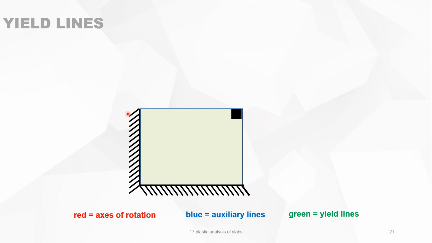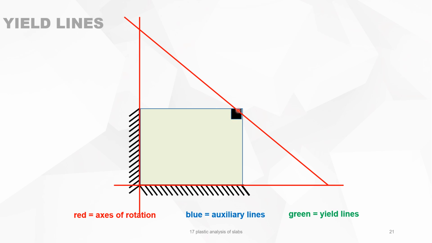You can also have a combination of columns and continuous support. We start with the axis of rotation. Now there's also a rotation axis through the column, but we don't know the direction. This can go in any direction. We don't know. We must have a mechanism, so at least we know it's something. It can be like that, or it can be horizontal or vertical, or everything in between.